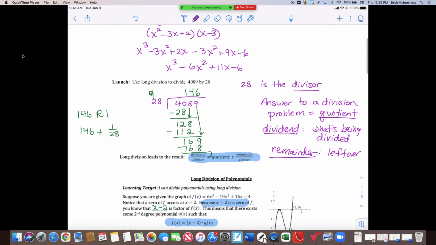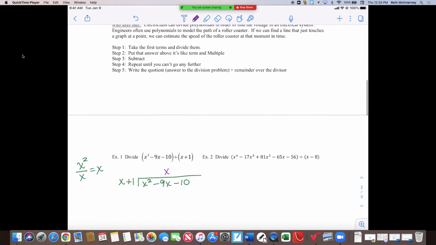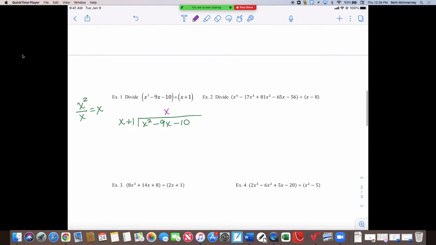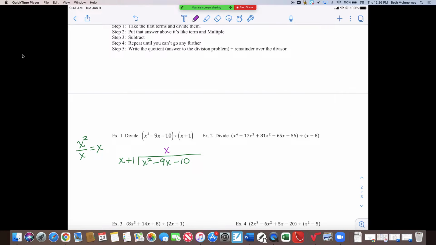You remember when we did this, we took the 1 times the 28. So I'm going to take the x, but I'm going to distribute it across the x plus 1, and then line up those terms with their like terms. It doesn't necessarily go in order. It goes underneath the like terms.